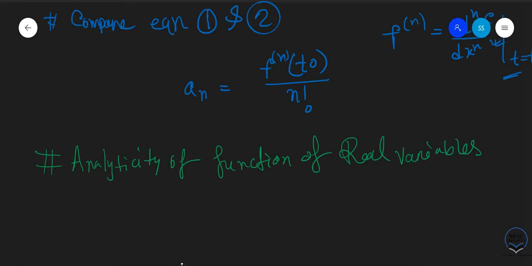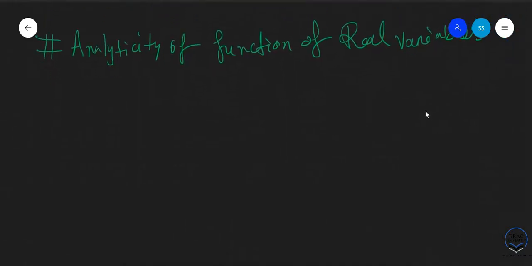A very schematic definition, not the very formal definition, of analyticity is this: in simple terms, a function is analytic if the Taylor expansion converges for f of t at all points t in some open interval, and within that interval the function is defined.